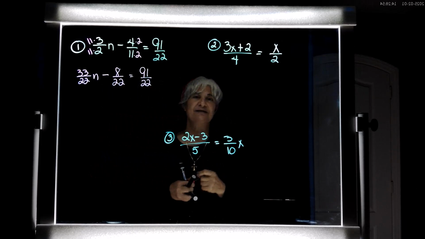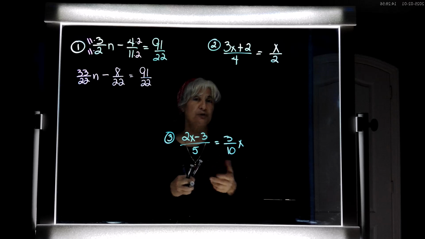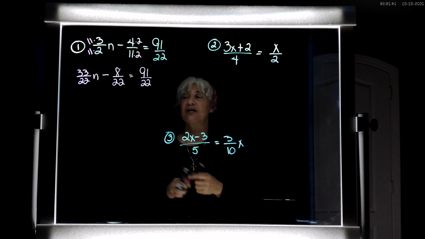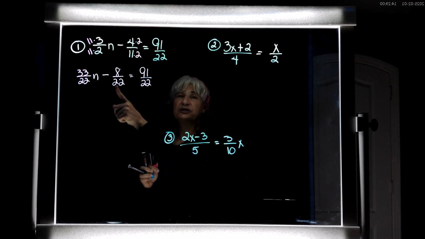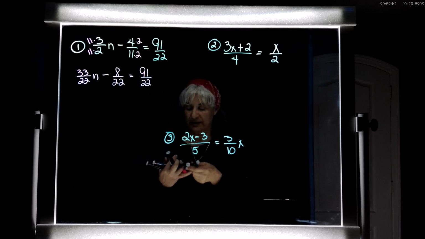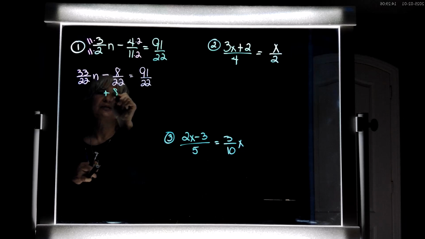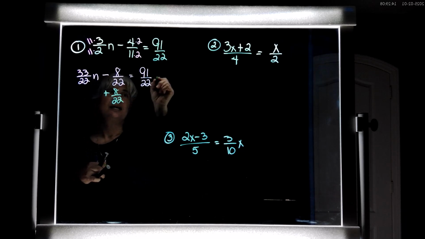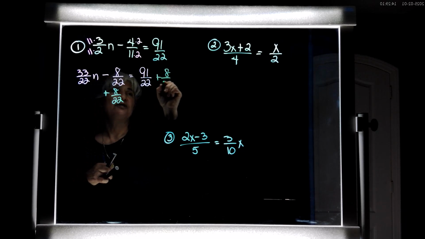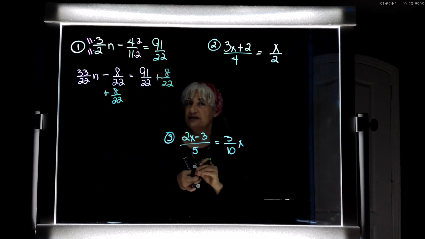Excellent. Well done. Now, what are we doing next? Yes, we're taking this 8 over 22 and we're adding it to both sides because it doesn't have a variable, so it's got to go. And again, I'm going to write it off here to the side so it's a little nicer to see.